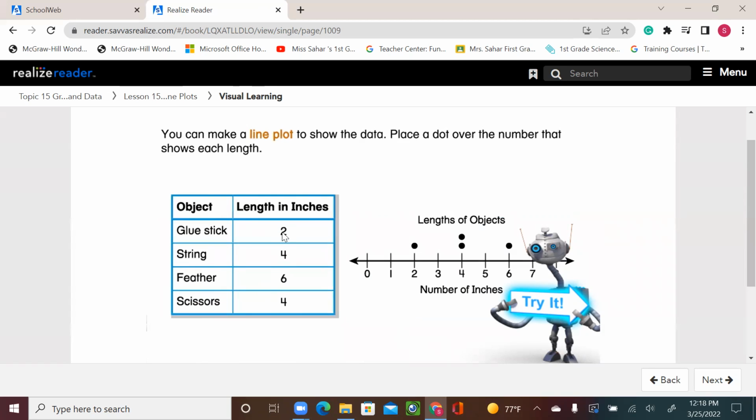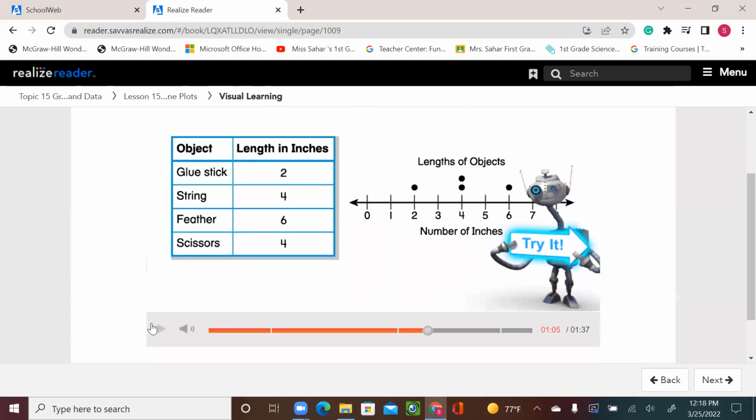So the glue stick is 2 inches, the string 4 inches, the feather 6 inches, and the scissors 4 inches. So of course, if you have different objects, the length would be different. And that's the number of inches. And over here, in the line plot, we put a dot representing the measurement or the length for each object. We might be using different objects than what we have here.